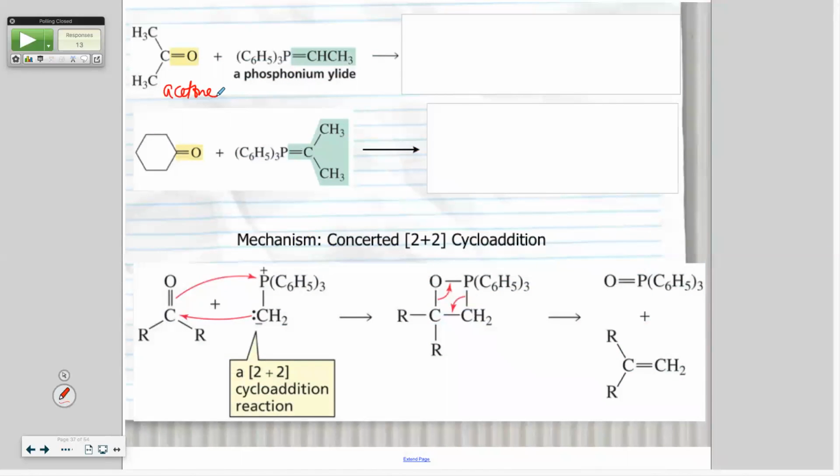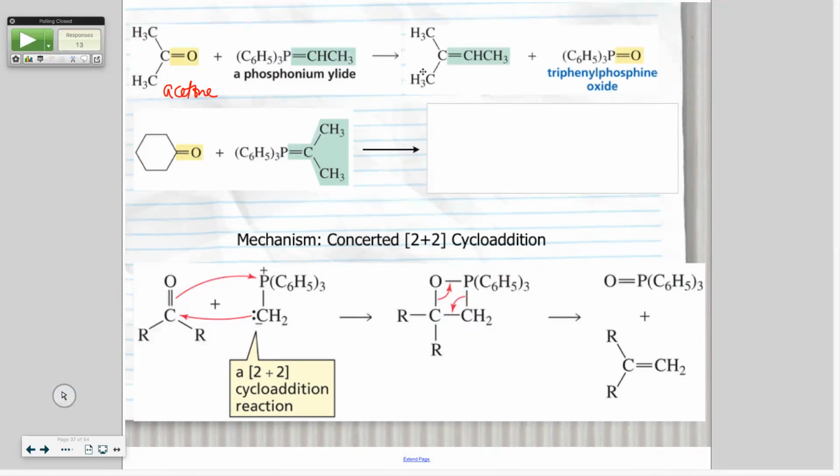Just checking on you, making sure you're awake back there. So what am I going to get? What's going to be gone from the acetone? The O, and then what are we going to have? The green part's going to be on there, right? So we've made an alkene with 3 methyl groups on it.